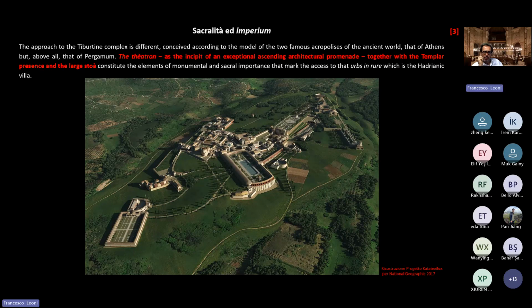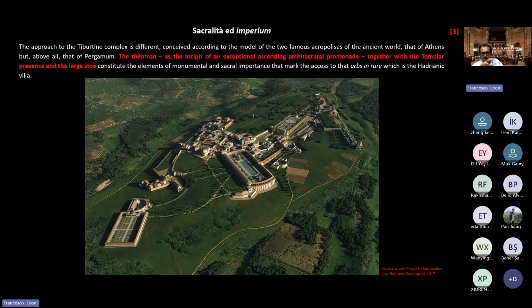The approach to Villa Adriana was conceived according to the model of the two famous acropolises of the ancient world, the one of Athens and, above all, the one in Pergamon, in present-day Turkey.